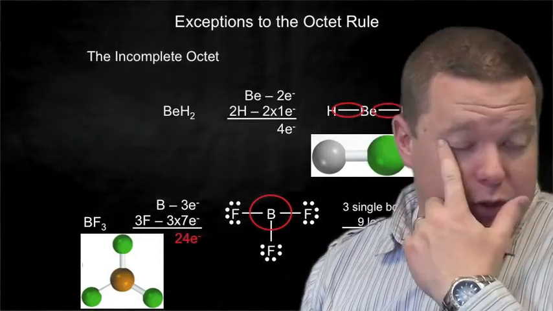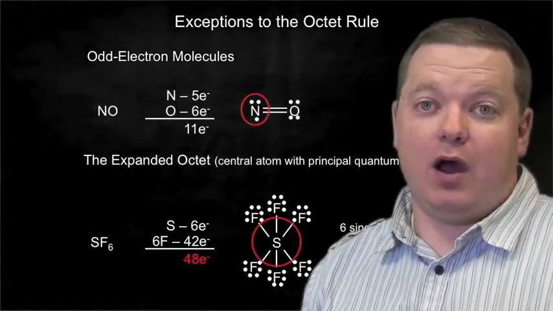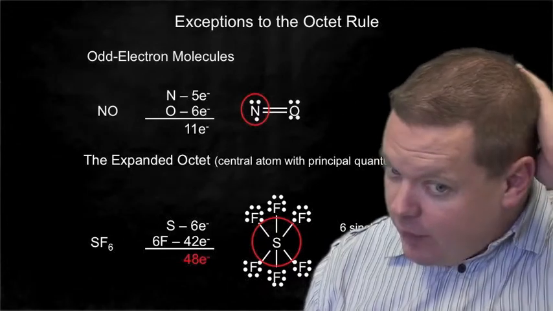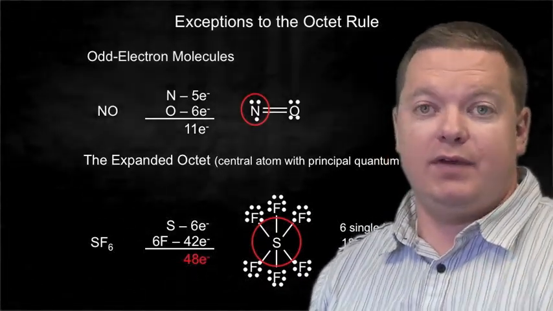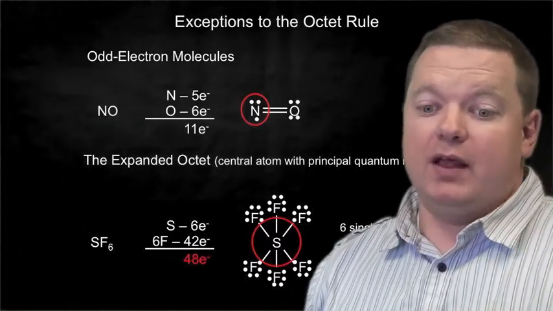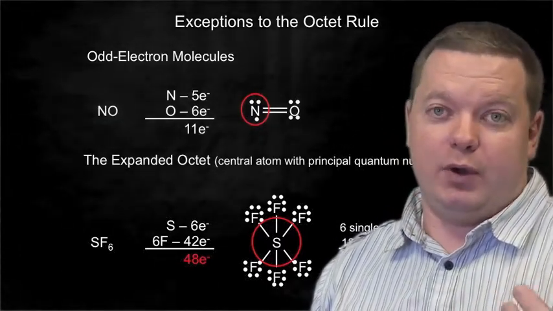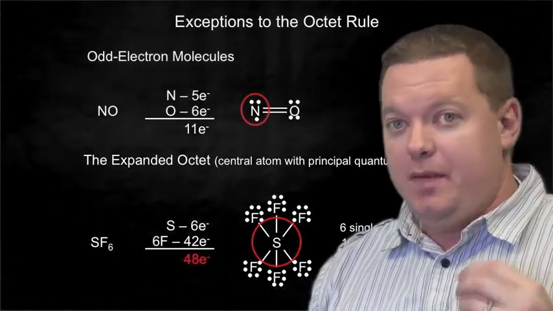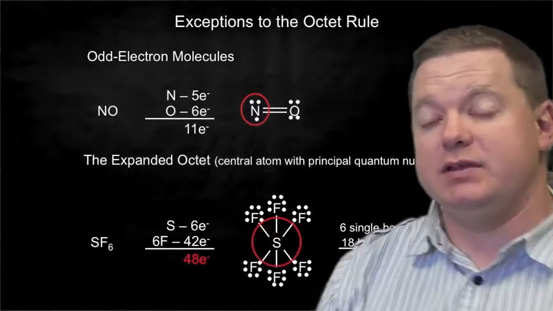Another example, or 2 more examples where we can violate this octet rule, is if we have an odd number. So if we look at the molecule NO, right, we only have 11 total valence electrons. Because that's an odd number, we're going to end up with an unpaired electron, which means that the most nitrogen can have is 7. Right?